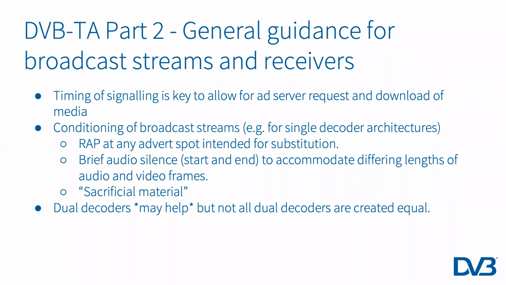So the point between where what we call a placement opportunity is defined should be conditioned to be able to splice in and out, even though it's not actually splicing into the actual stream. It does allow the decoder, particularly where it's using the same codec, to have a chance to find its place again.